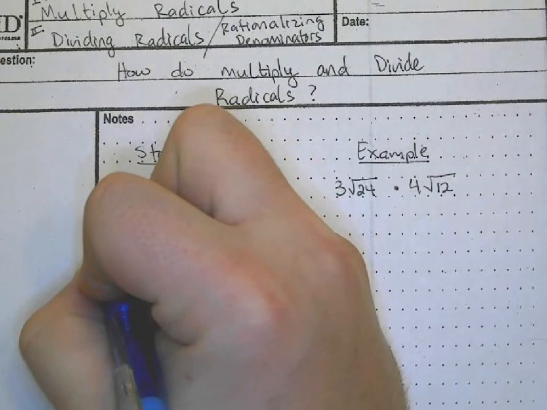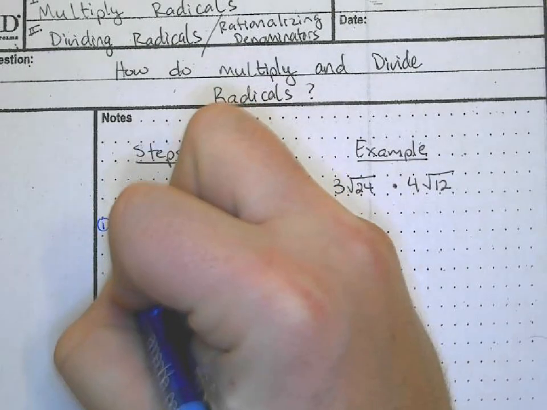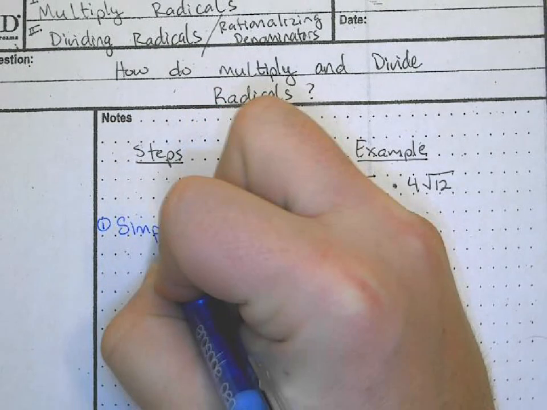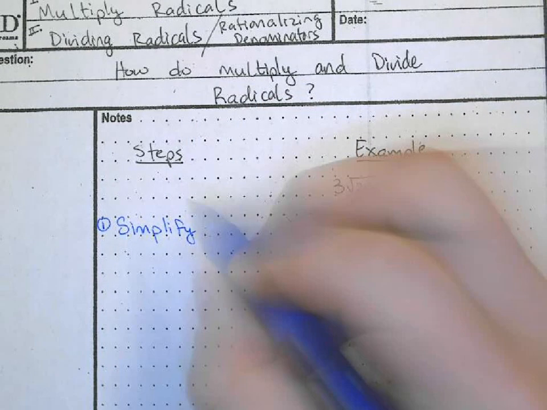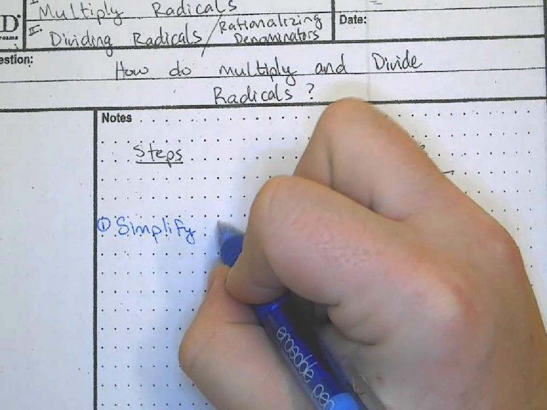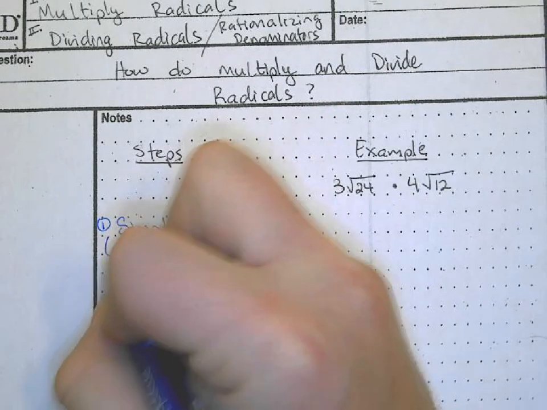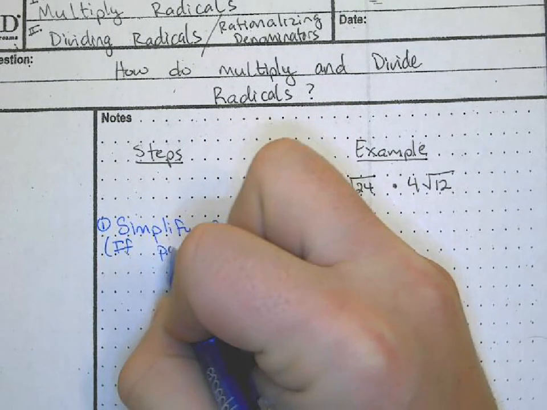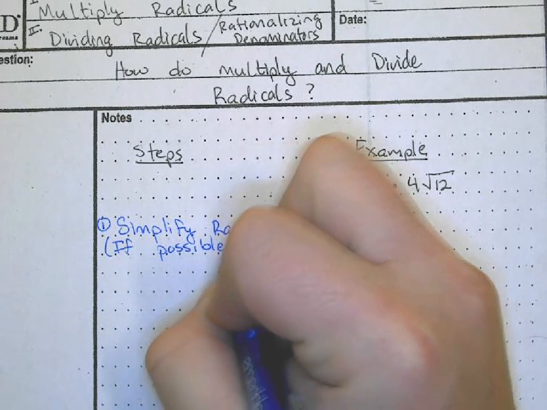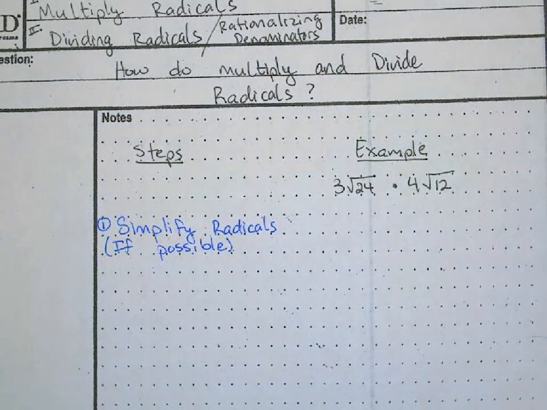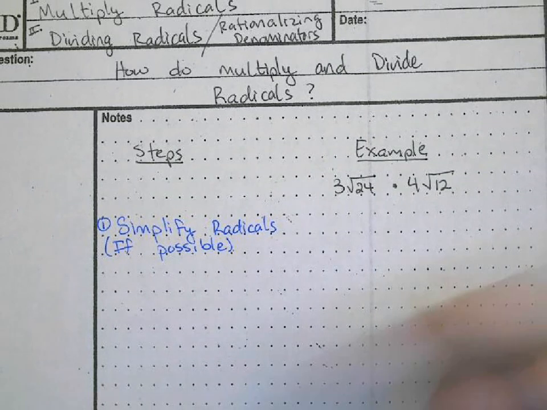Okay, my first step will be step 1, simplify radicals, if possible. Because sometimes it won't be possible, so if it's not possible, you skip this step. But if it is possible, we want to simplify the radical.